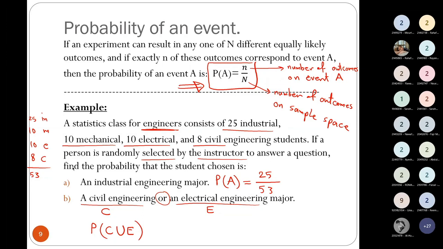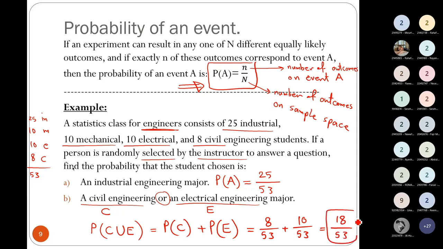This is the union, and because these are exclusive events, this equals P(C) plus P(E). Probability of civil equals 8 over 53 plus electrical 10 over 53. That equals 18 over 53. Any question?